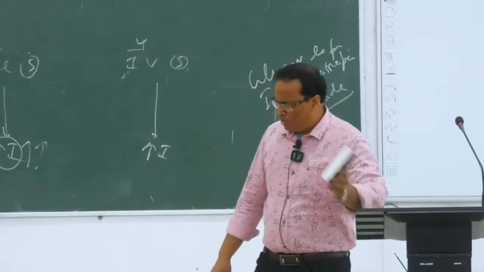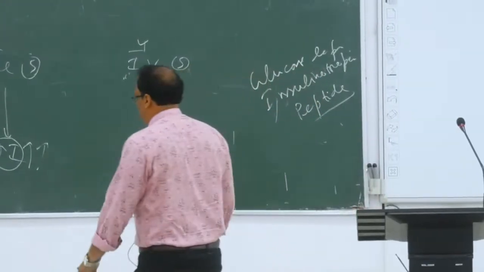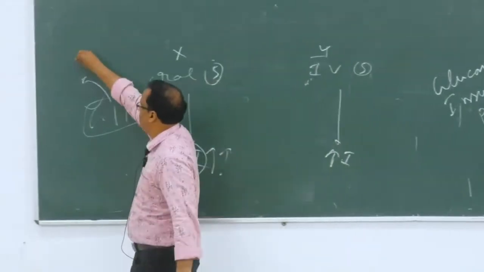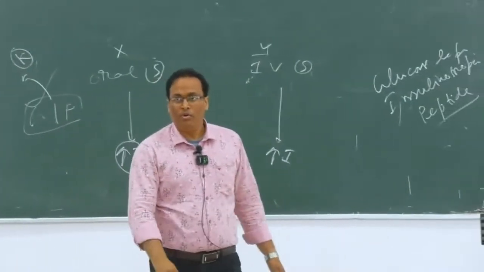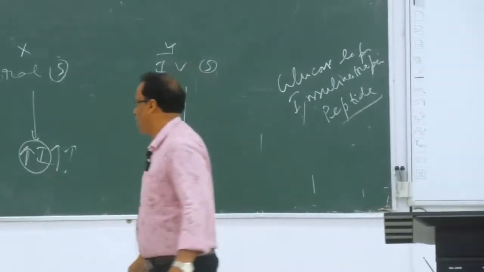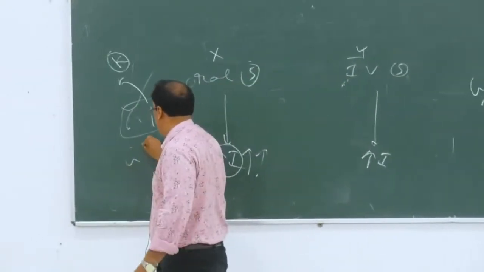It is released mostly from the K cells of the duodenum. Any other hormone? Glucagon like peptide 1.